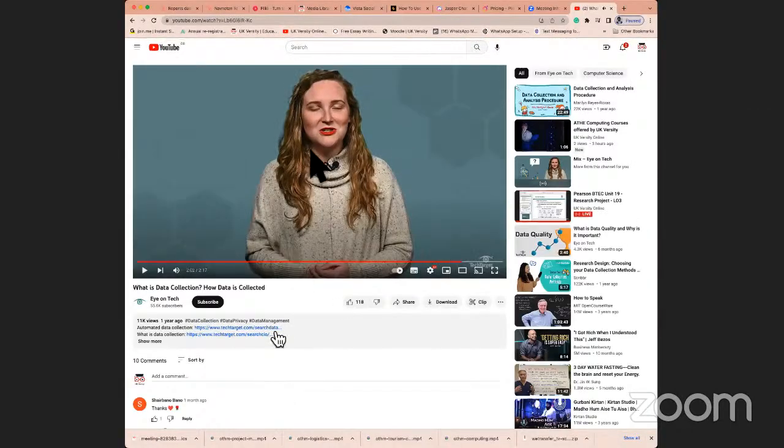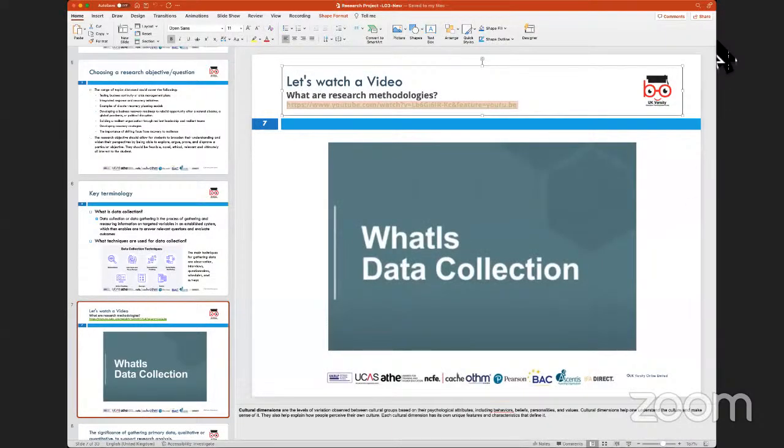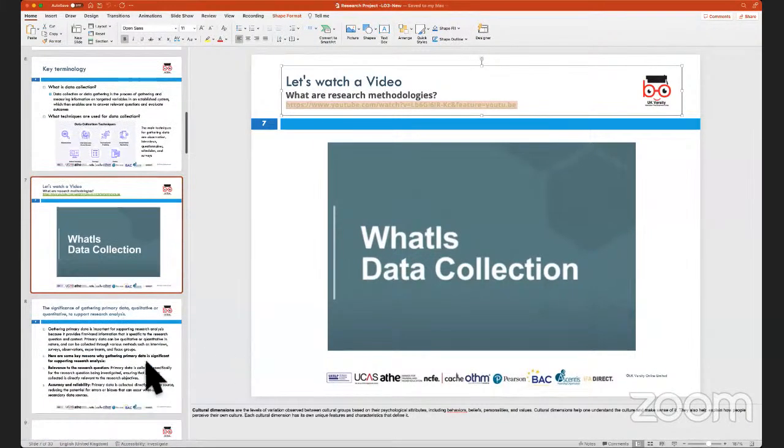So this is where what you would need to do is understand how and why data collection is to be done, because obviously you're looking at uncovering, let's say, the reasons behind some of the research objectives that you have, and that is where your data collection becomes central to what you're carrying out in the research project.